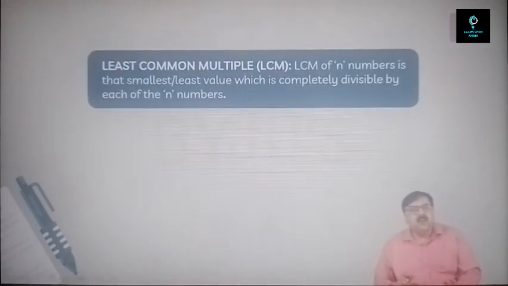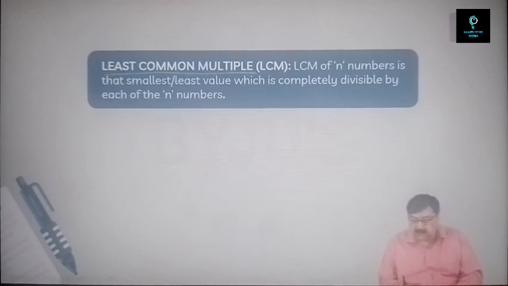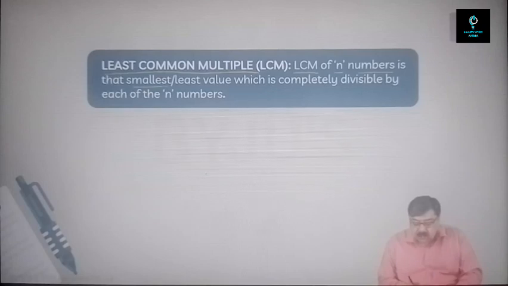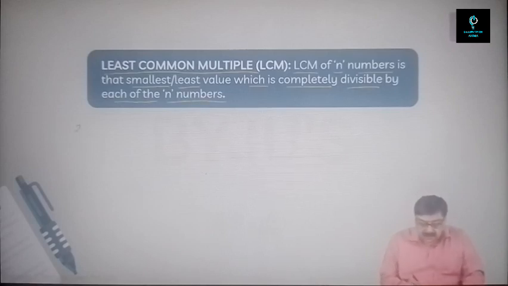Now, first of all, let us know what is LCM, the full form of which is least common multiple. The LCM of n numbers is that smallest or least value which is completely divisible by each of the n numbers. Let us take two numbers, 20 and 25.